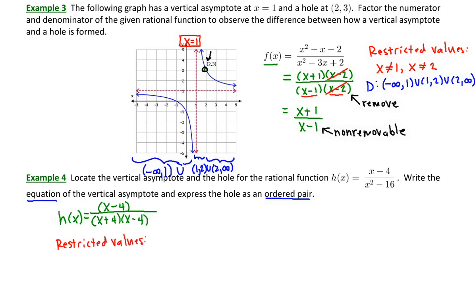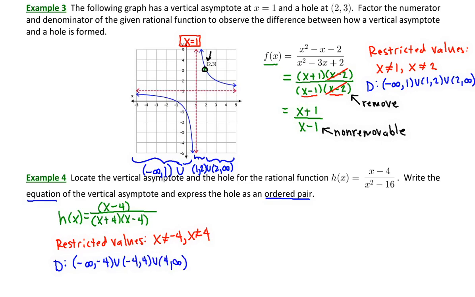From the first factor, we can see x cannot be equal to negative 4. And from the second factor, x cannot be equal to 4. For good practice, we can express the domain of this function as negative infinity to negative 4, union negative 4 to 4, union 4 to infinity.